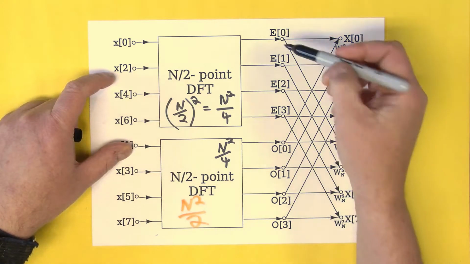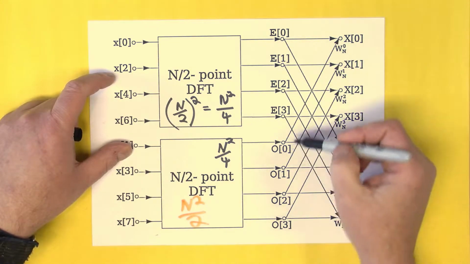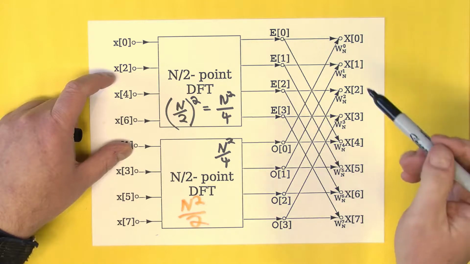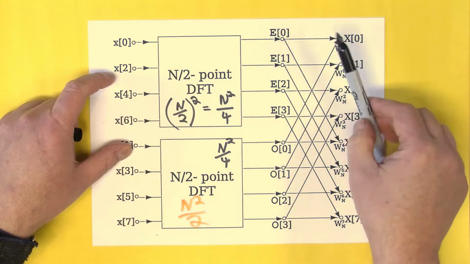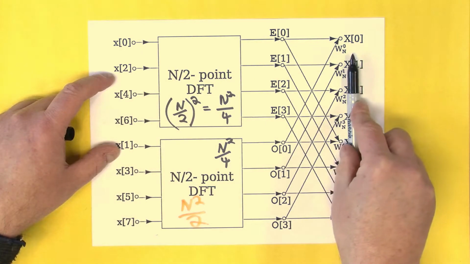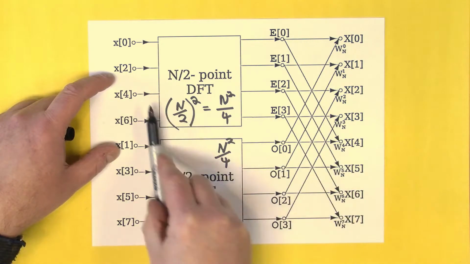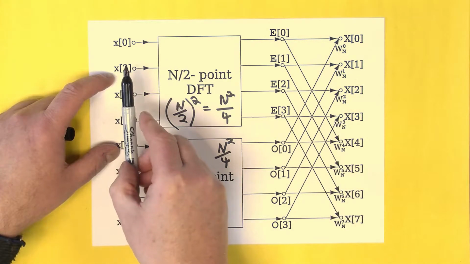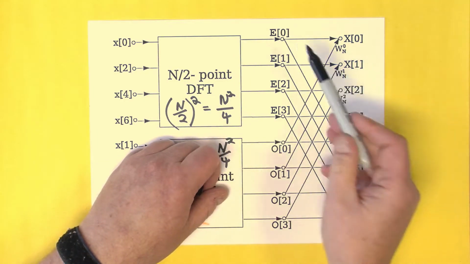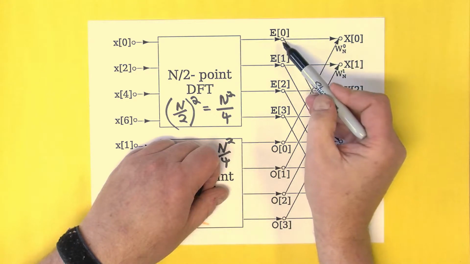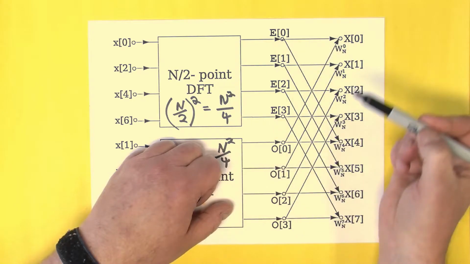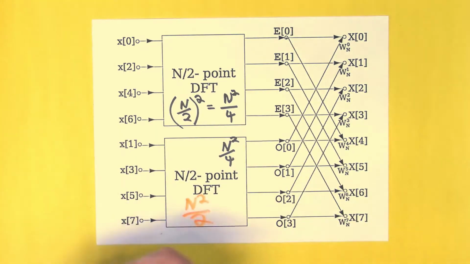Now, you do see this sort of crisscross mishmash over here, and what that is showing us is how we have to combine these 2 sets of data so that we end up with 8 output frequency bins corresponding to the 8 input time samples. And what it's saying is we're going to get the output from this first FFT, and maybe I'll use another pen just to show you better.